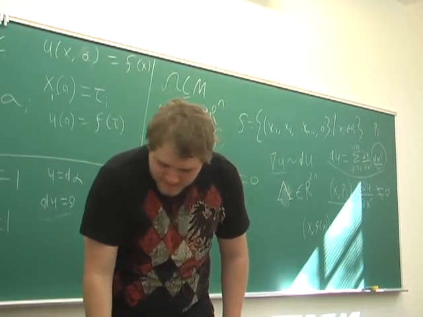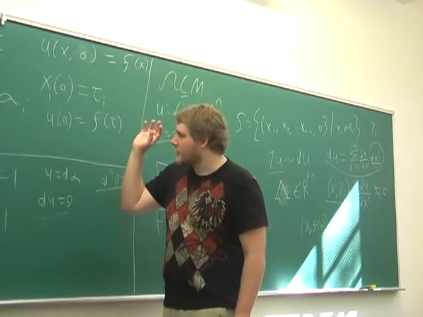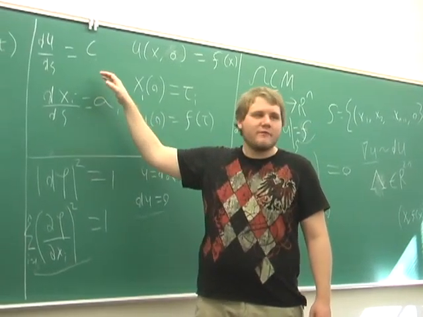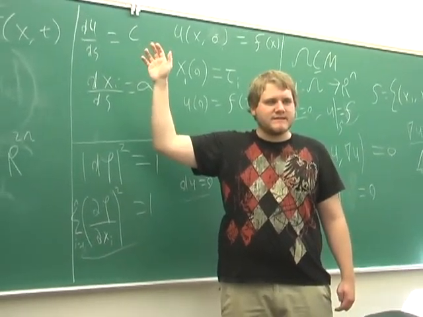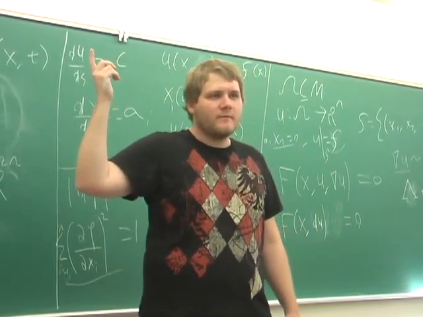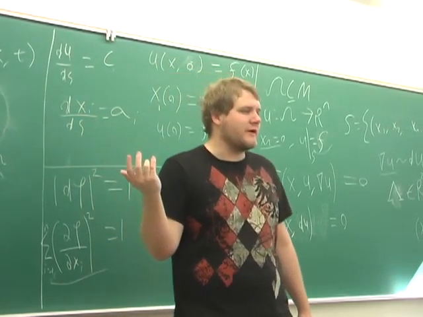Oh, and one other thing to mention, using these techniques, do you guys remember, can you tell me off the top of your head what the problem with deriving a solution via characteristics can be, especially in the nonlinear and the quasi-linear case? Like what happens in the quasi-linear case very often?